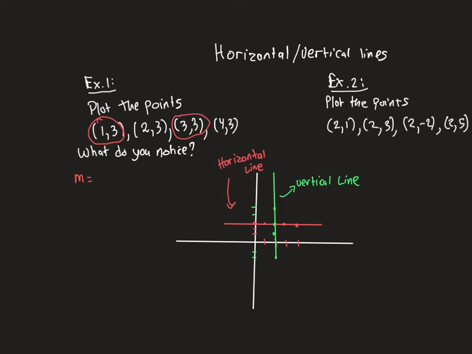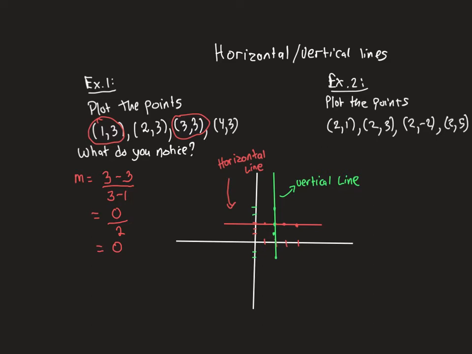That would be my second point. So y2 minus y1, so 3 minus 3 divided by 3 minus 1. That's going to give me 0 divided by 2. And 0 divided by 2 is 0.